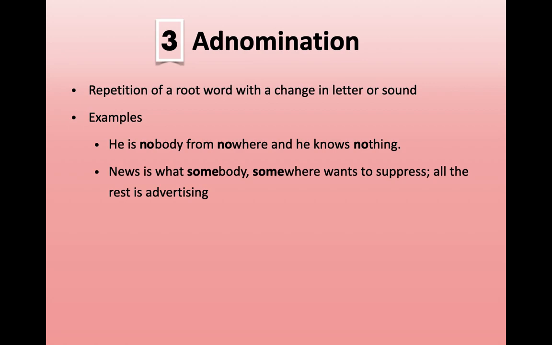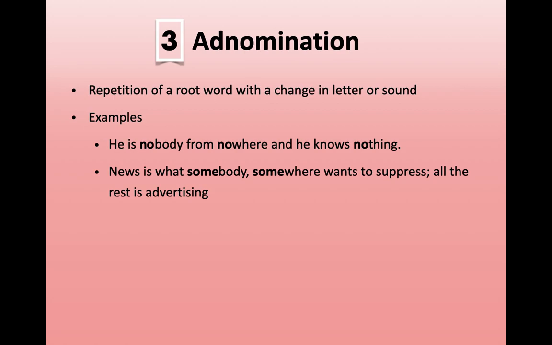Adnomination is the repetition of a root word with a change in letter or sound. Examples. He is nobody from nowhere and he knows nothing. The daughter tells her father, "Father, I want to marry this man I met in the street." And father says, "He is nobody from nowhere and he knows nothing.